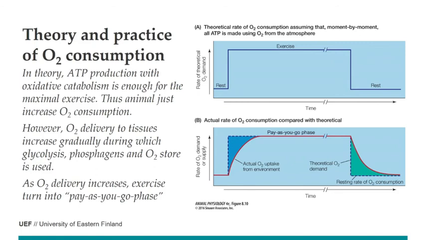But actually, that's not the only cause, and that's why, for this green area, there is no consensus on what's happening there. Well, that means that even we humans are not relying only on oxidative phosphorylation.